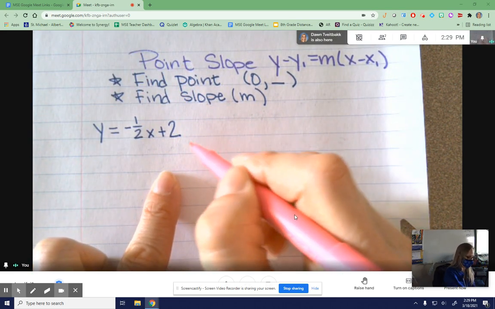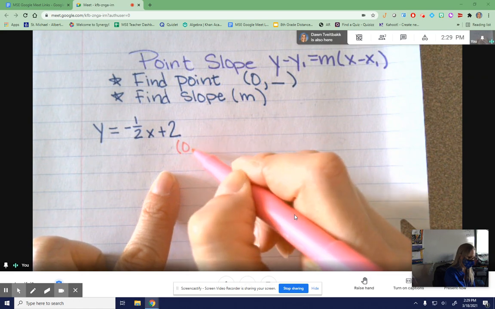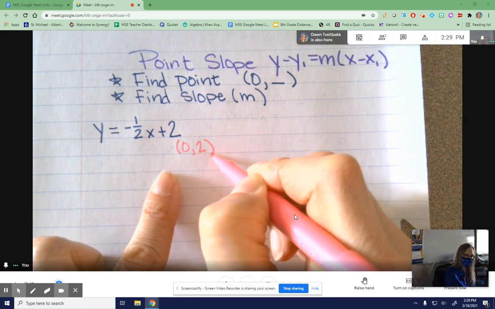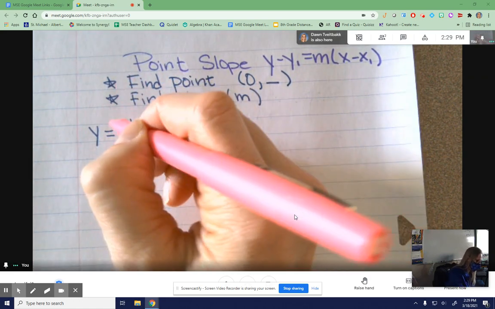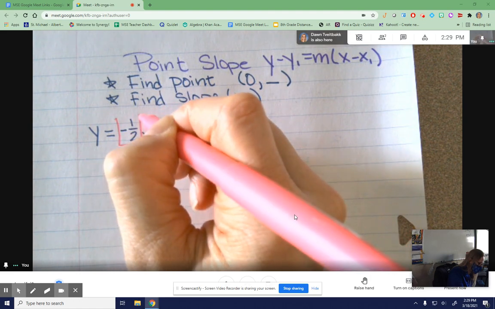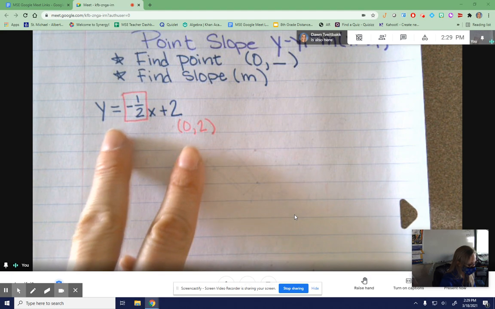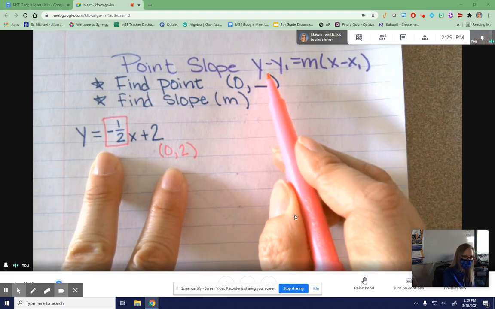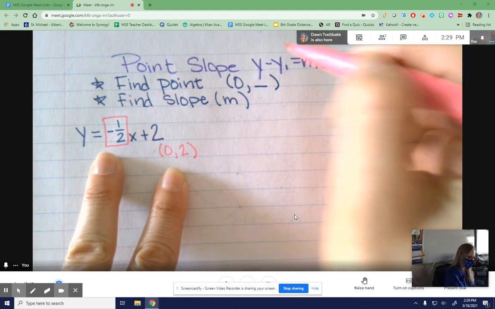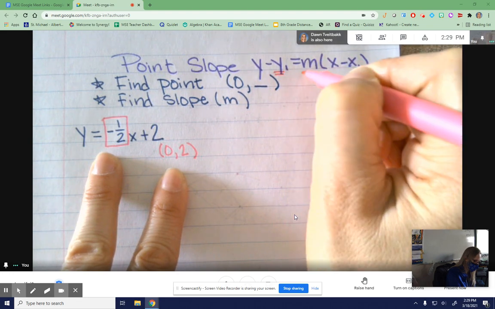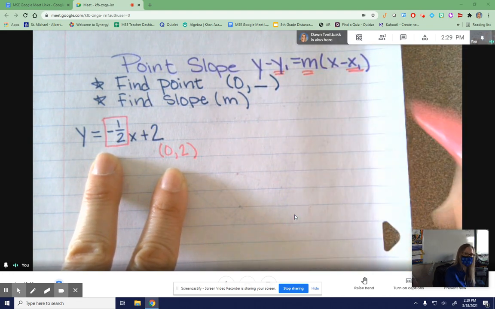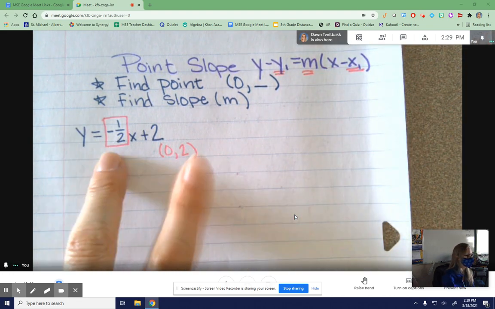It contains a point, (0, 2), and it contains a slope, negative 1/2. And they're the only two things you need to be able to write this right here. Because you need to plug in a number here, and here, and here. And all three of those things are sitting right there.